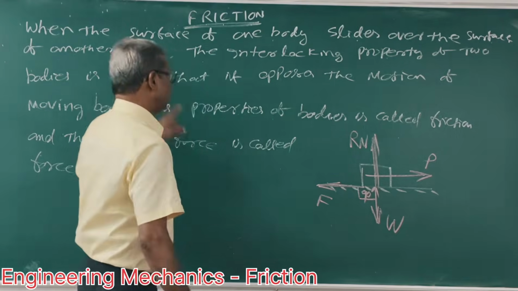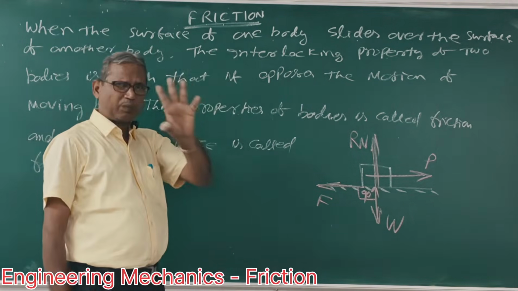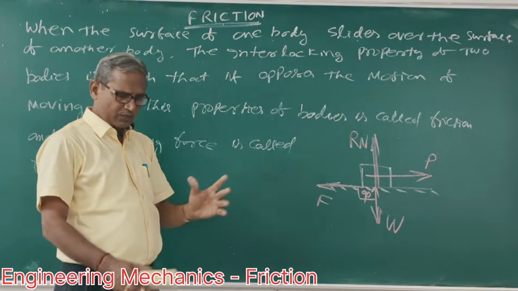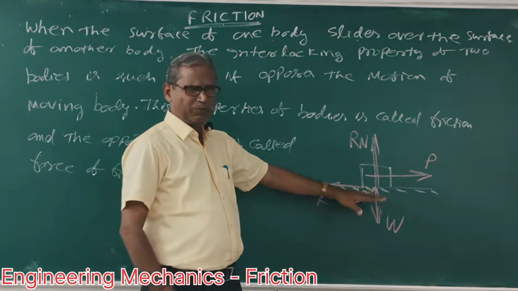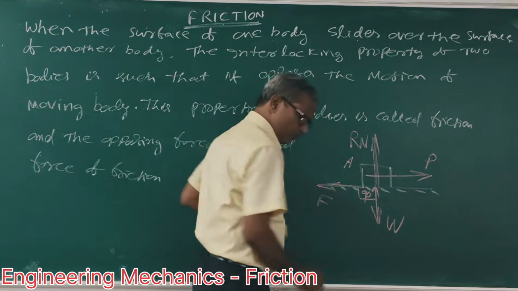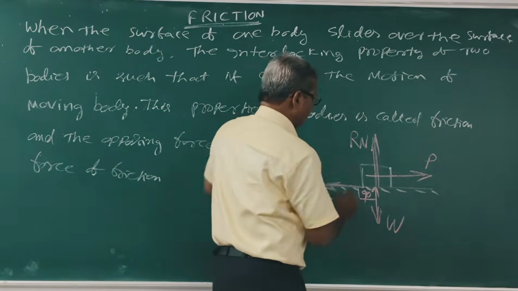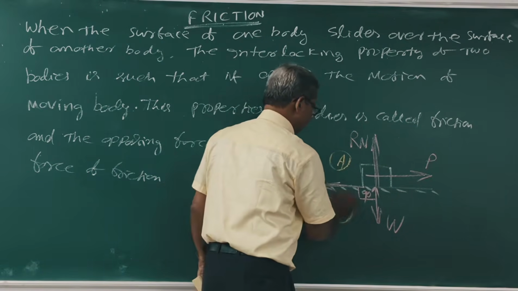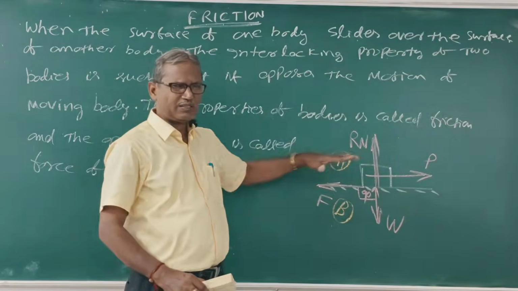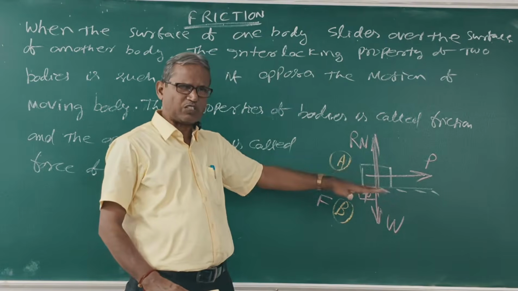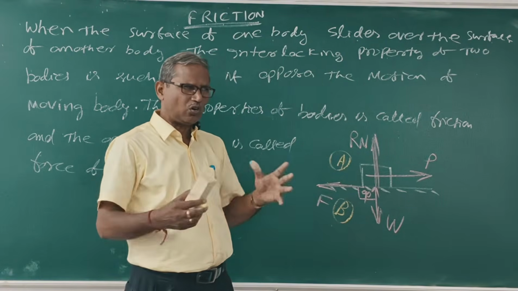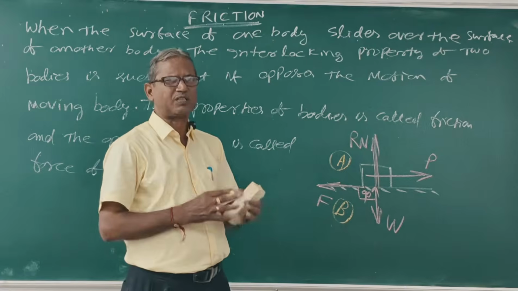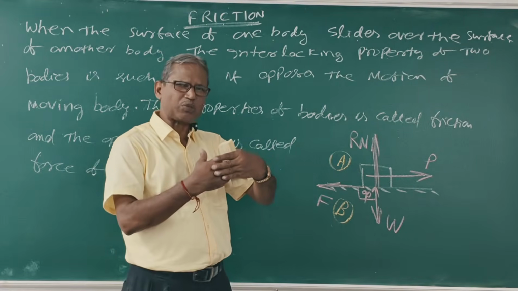Now I will explain the definition of friction. When one body slides over the surface of another body, suppose this is body A and this is surface B, body A slides over the surface of body B. The interlocking property of the two bodies is such that it opposes the motion of the moving body.